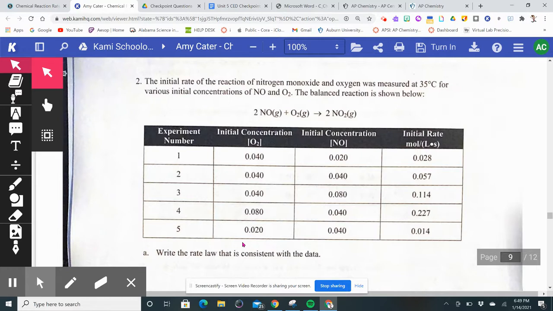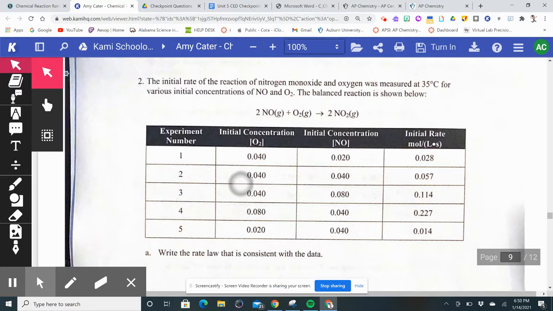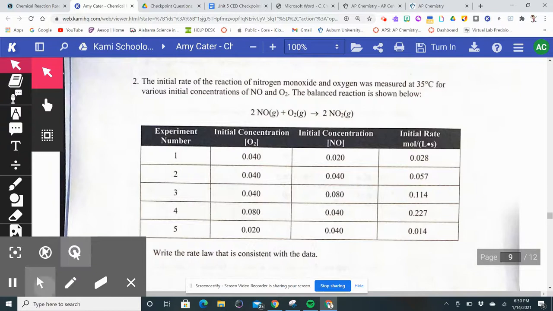So again, what we're going to do is look for reaction trials where one thing is held constant, and we look at the change in the other reactant. And then we look for reactions where the other reactant is held constant, and we look for changes in the first reactant. Okay. All right. So what we're going to look at first is we're going to look at experiment 1 and 2 again, because we notice in experiment 1 and 2, our oxygen concentration is held constant.